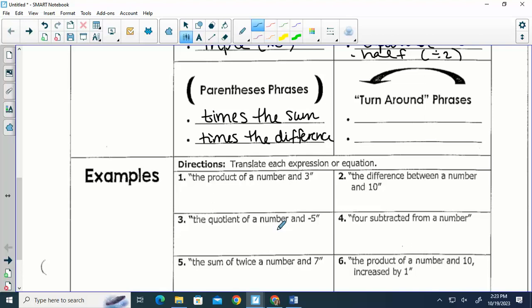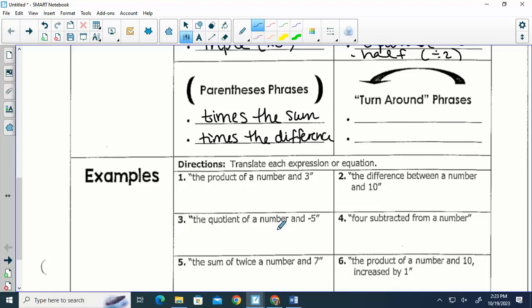When you are adding, does the order matter? No. But with subtraction, does order matter? Yes. So there are a couple phrases that tell us we have to switch the order of things. If I say 5 minus 3, that just means we put them in order, 5 minus 3. If I say 5 subtracted by 3, that's 5 minus 3. But what if I say 5 less than 10?